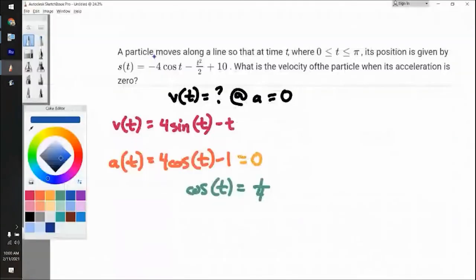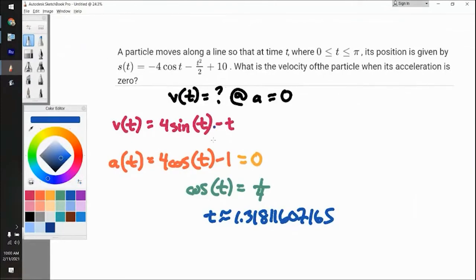So 1.318. There's a bunch of digits on that too, which you are going to need. You probably don't need this many, but you don't want to truncate it because sometimes it throws off your answer.